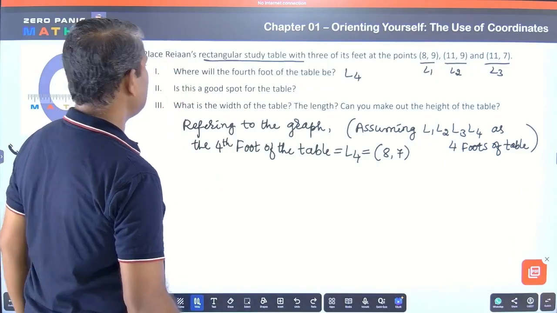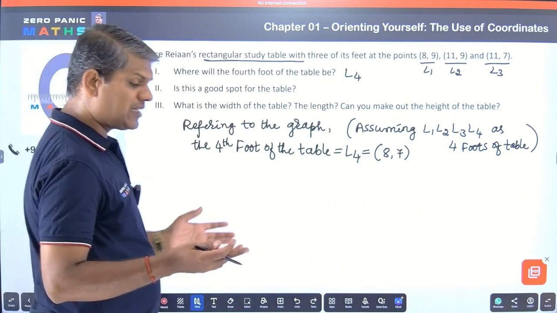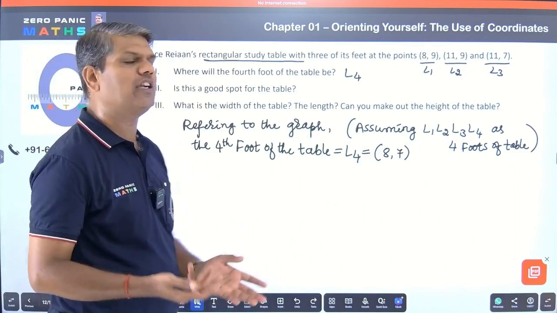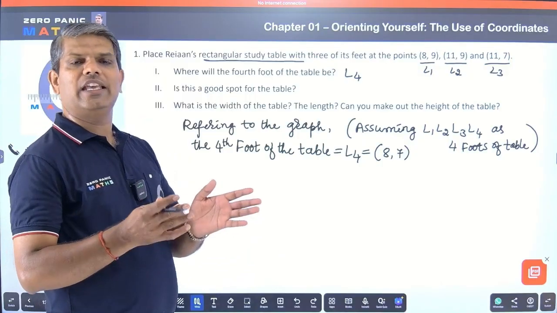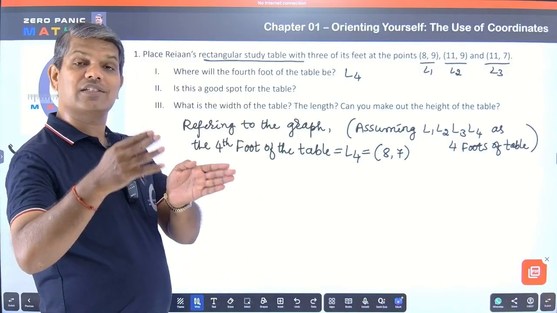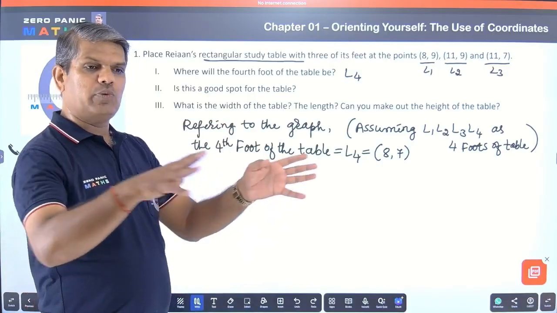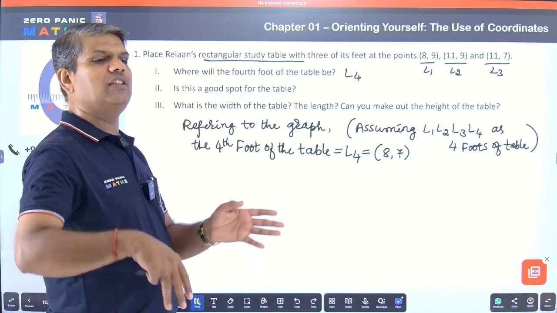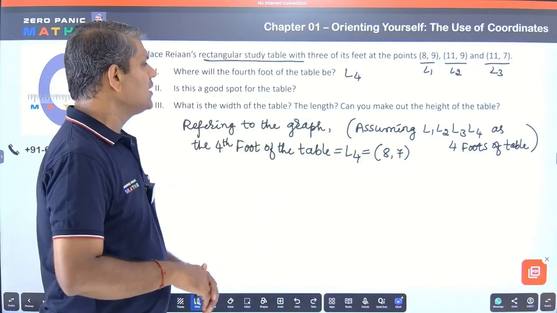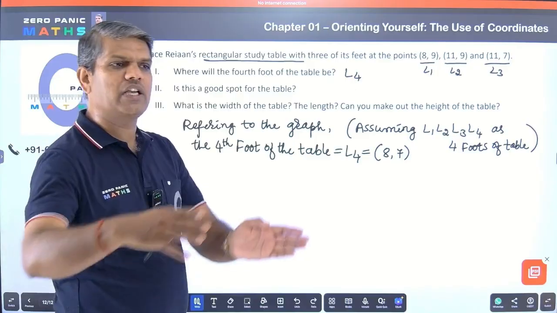Second, is this a good spot for the table? It is like a generic question. In general, study tables will always be placed in the corner of the room so that they will not be an obstacle inside the room. That's why usually tables are placed in the corner.